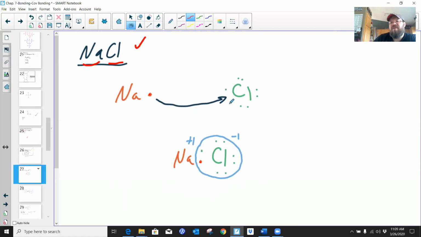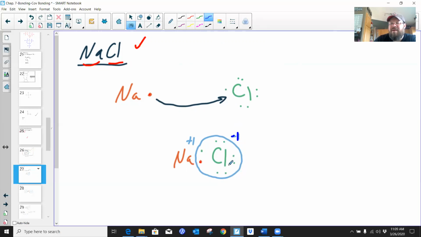The chlorine has now gained that electron, and I'm color coding it in red to show that originally this electron was owned by sodium. But now, because chloride has taken it in forming this ionic bond, it's now in the circle. The circle represents electron ownership. Because chlorine has obtained that electron, it now has a -1 charge.